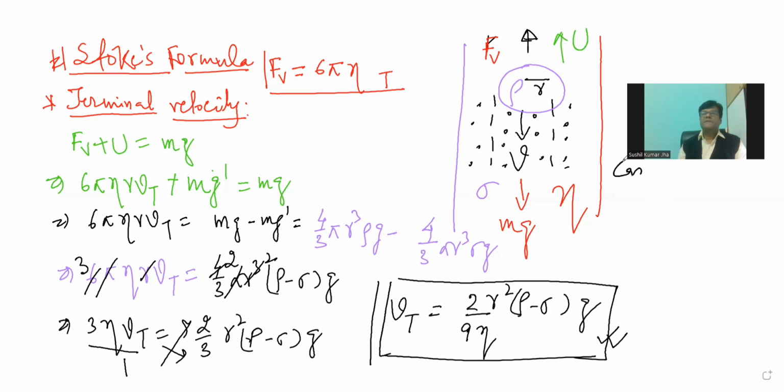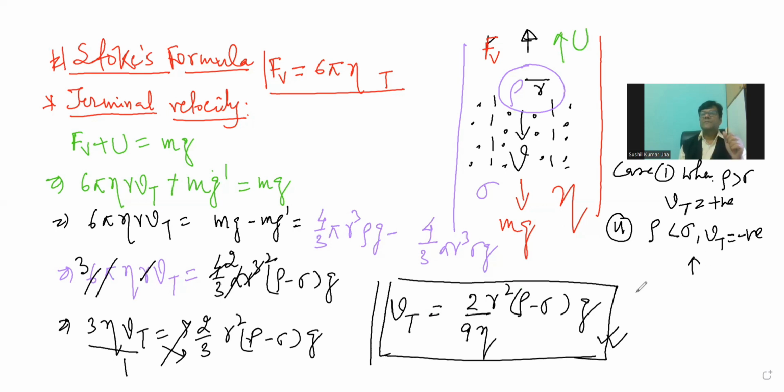Now we can think of a few cases. Case 1: when rho is more than sigma, then Vt would be positive, and so the spherical object will come down towards the earth. Case 2: if reverse, rho is less than sigma, then Vt would be negative, and so the object will move up.